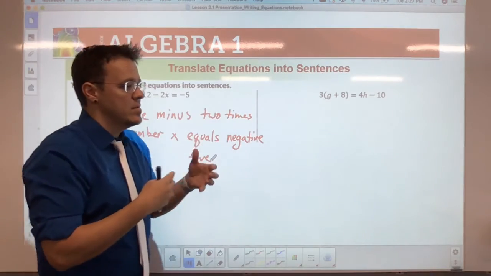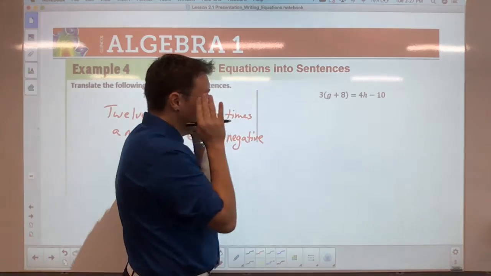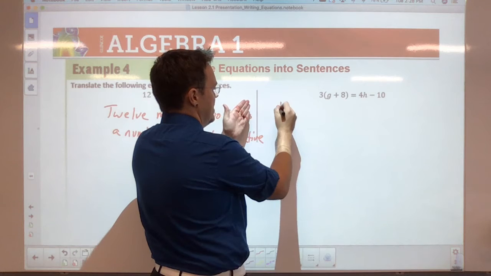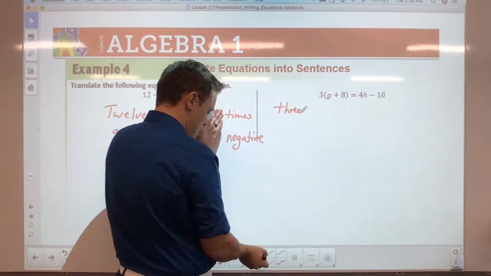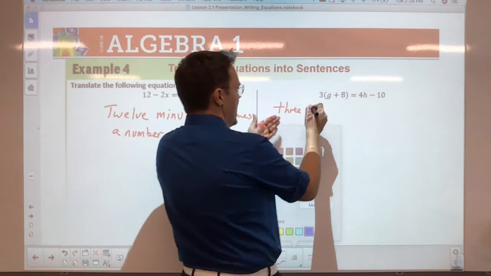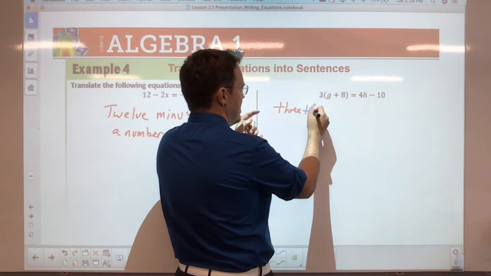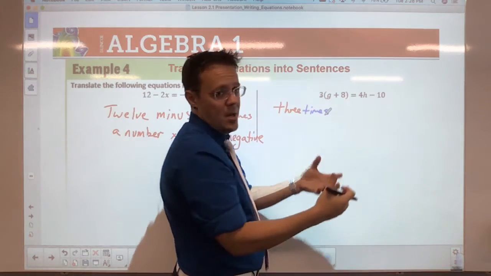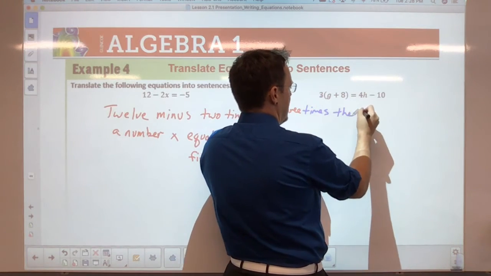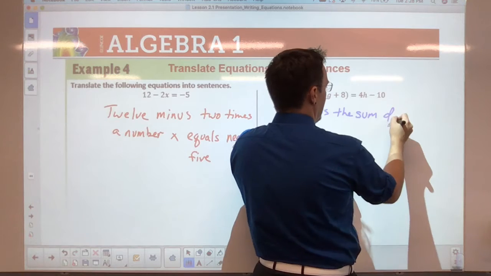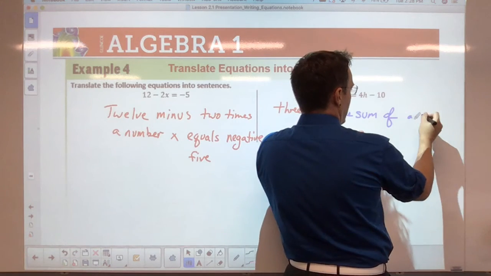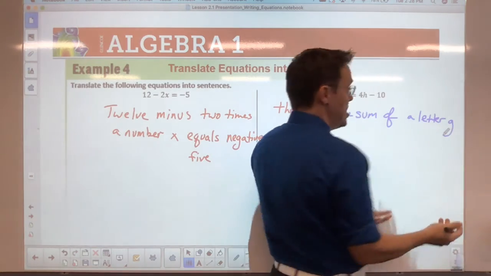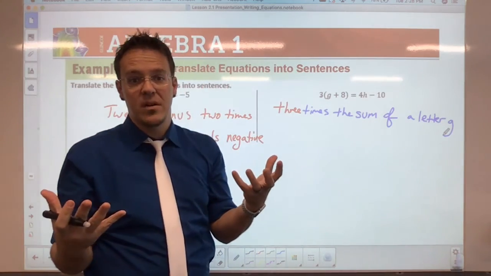Now the other one over here, same kind of thing. As you read it, you've got to write it down, okay? So remember, it's 3. Let me change the color to differentiate between the two. And then there's a multiplication sign here, so it'd be 3 times. And then what is this symbol in the middle? That's a sum, okay? It'd be the sum of, and then you would put a letter, you could put a letter G, it doesn't matter, okay?